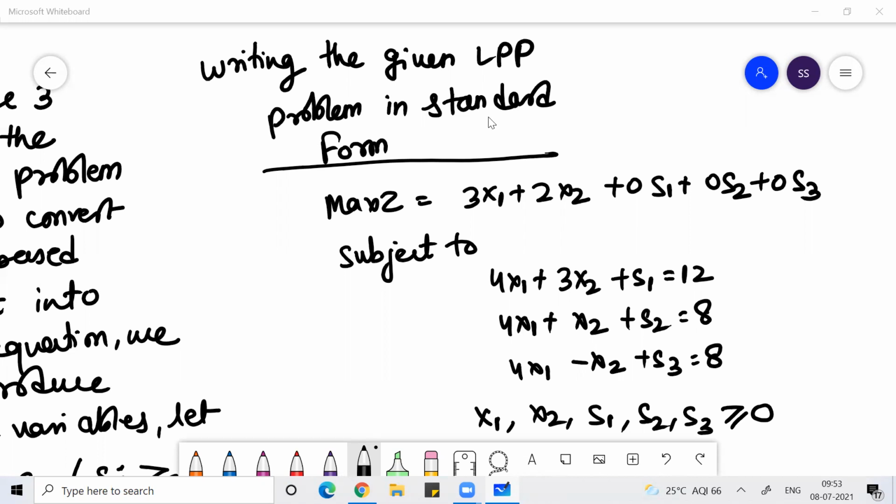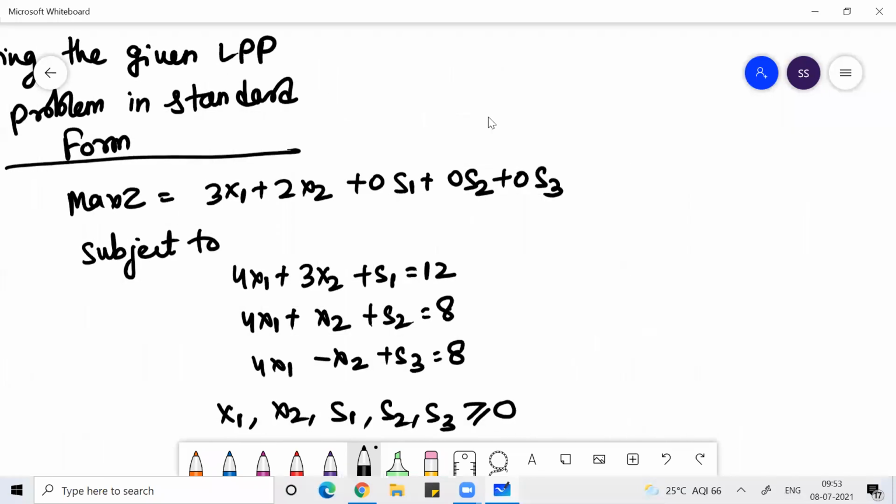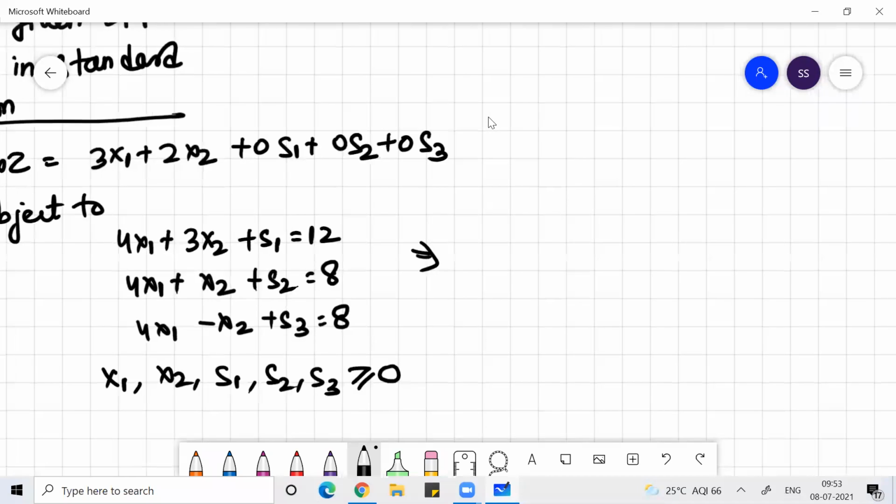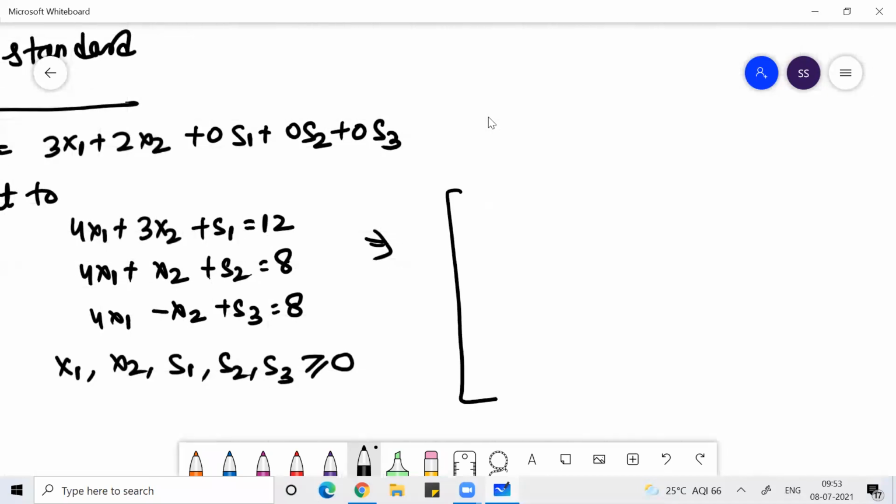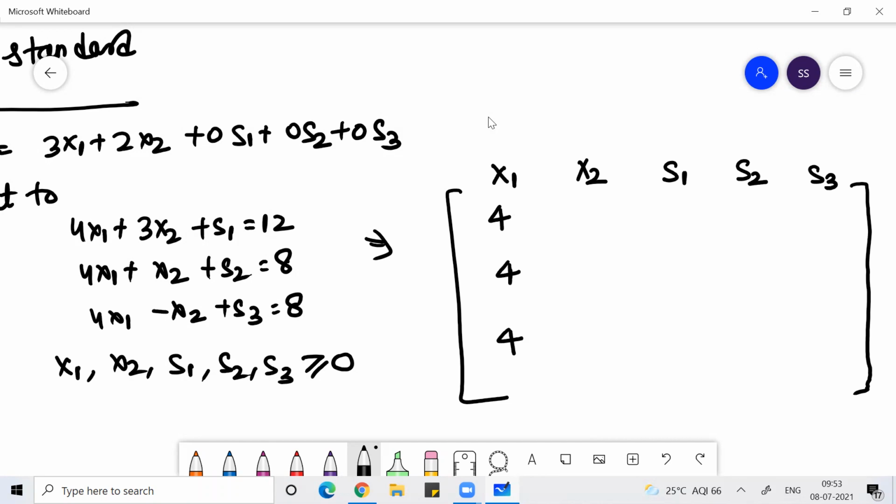Once we write them in the standard form, if you want, you can show the same thing in the matrix form. This is x1, x2, then s1, then s2, then s3. The x1 coefficients are 4, 4, 4, then x2 coefficients are 3, 1, -1.